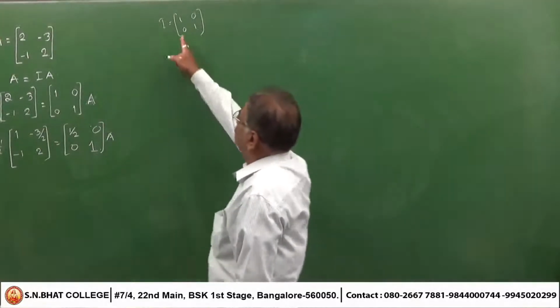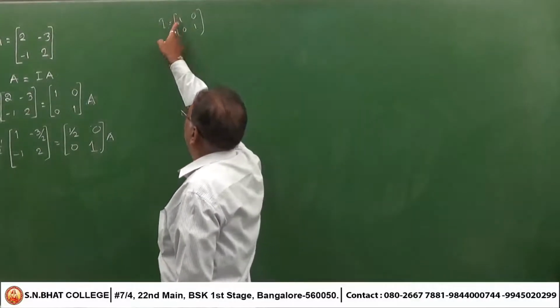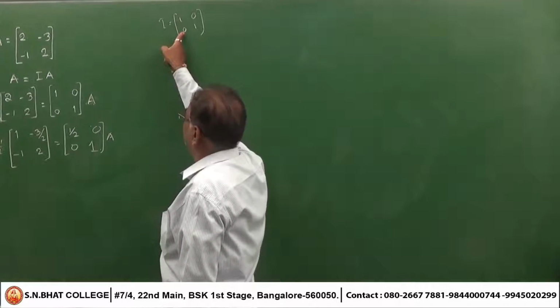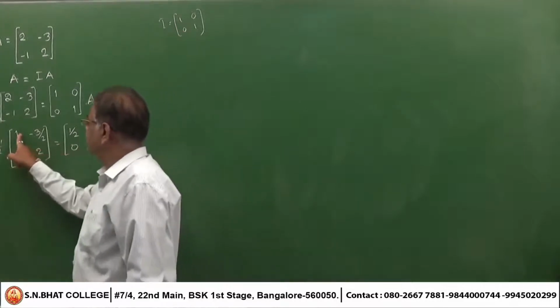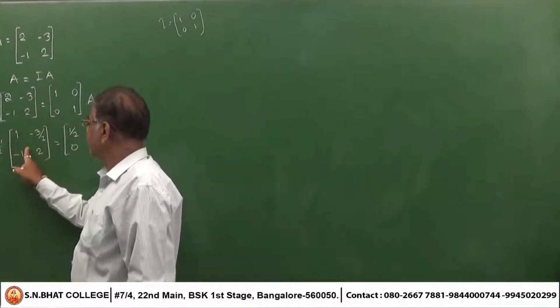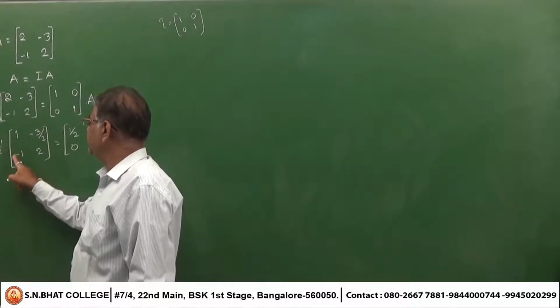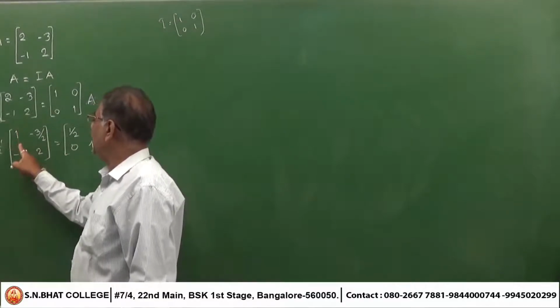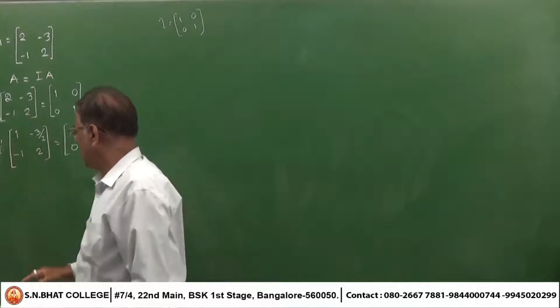Next, first we have made the first element to be 1. Next you have to make the second element to be 0. Here 1 is there. Here minus 1 is there. I have to make this element to be 0. That is in R2.